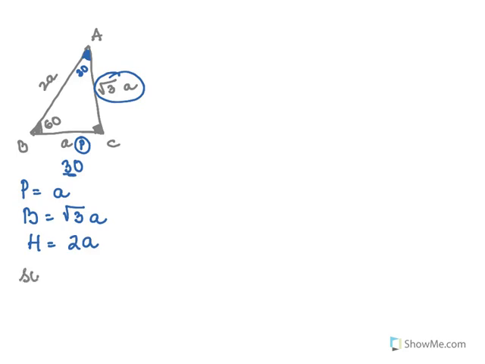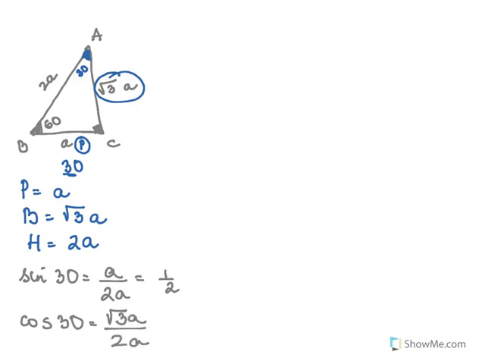You know sine 30 is perpendicular over hypotenuse. So perpendicular a, hypotenuse 2a, 1 by 2. Suppose you want to find cos 30. Cos is base over hypotenuse. So base is root 3a, hypotenuse 2a. So root 3 by 2. Then you know tan 30, perpendicular over base.